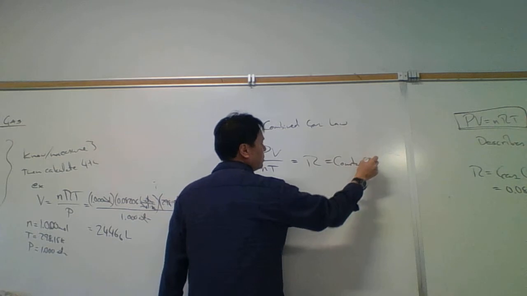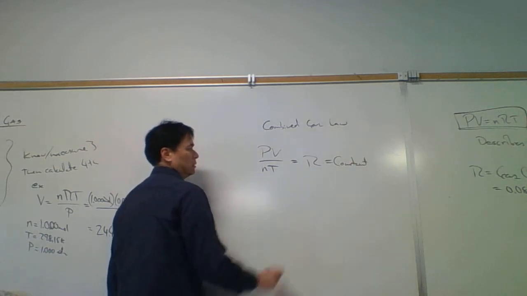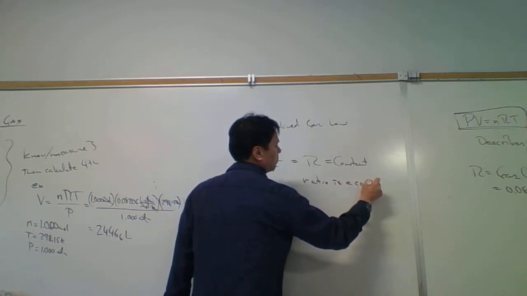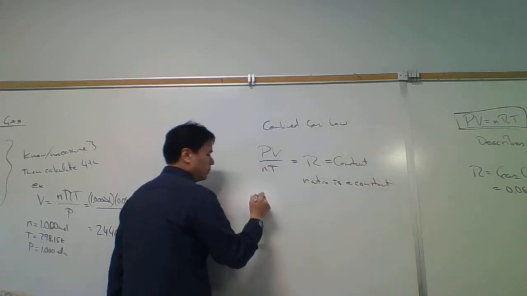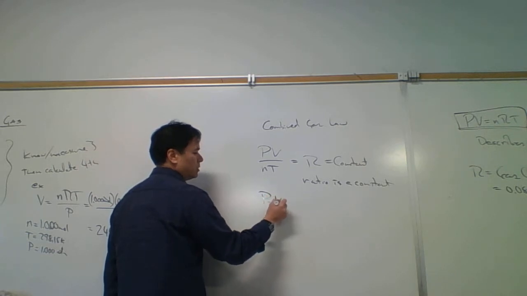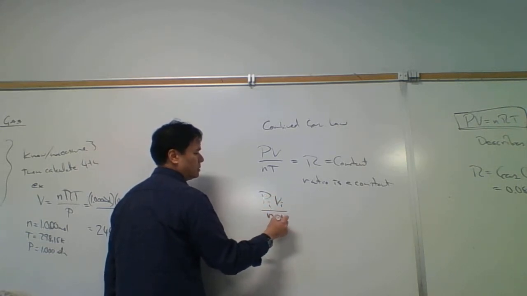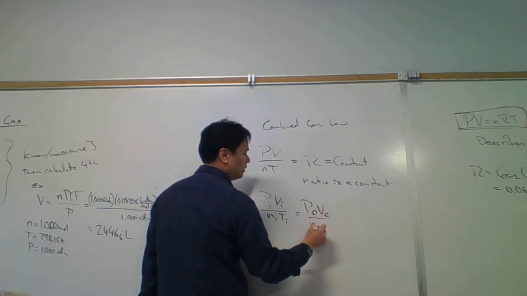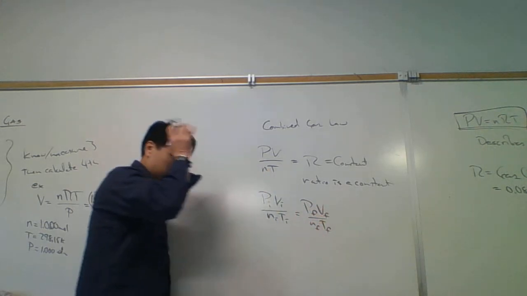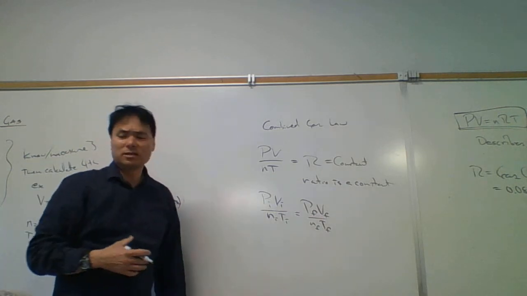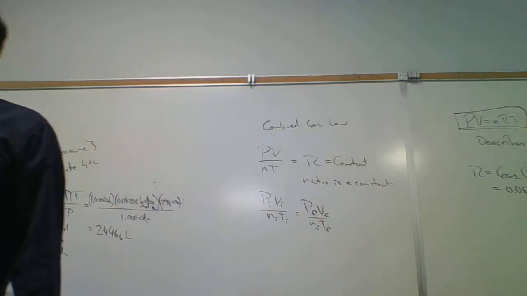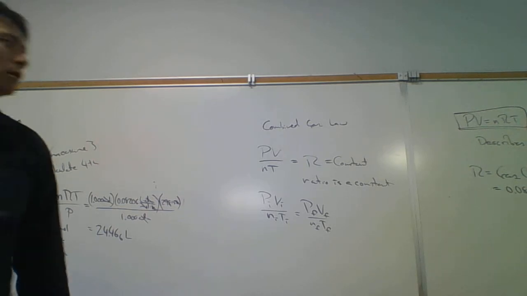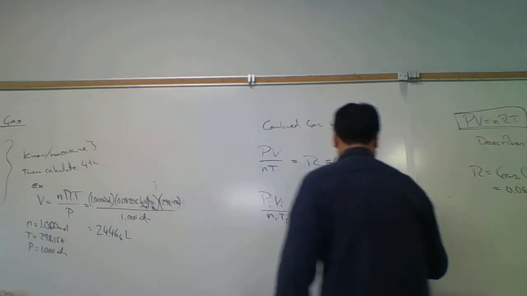So this ratio doesn't change. Therefore, we can do P initial, V initial over n initial, T initial is equal to P final, V final over n final, T final. And so this is just the same thing as the combined gas law, except it has moles. So if you add some gas or remove gas, then we can use this.